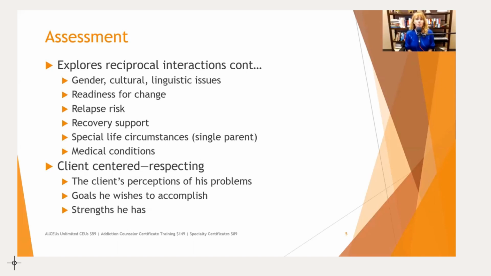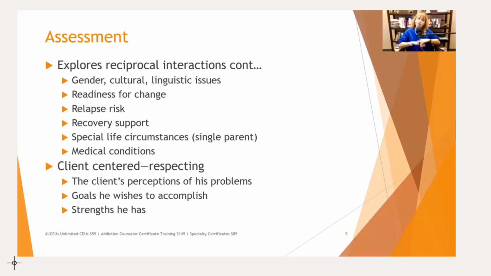some sort of medical condition that makes it difficult for them to sit for long periods of time, or they're having insomnia, sleep apnea is one that can really zap somebody's energy and make it more difficult for them to participate in treatment.